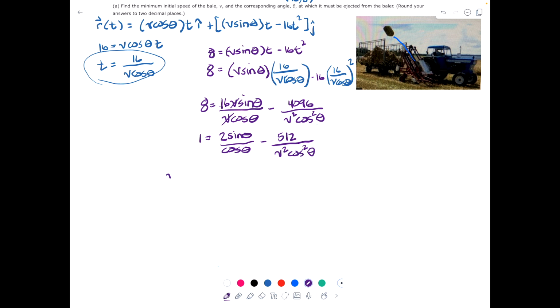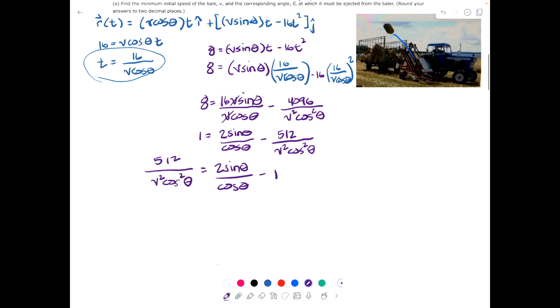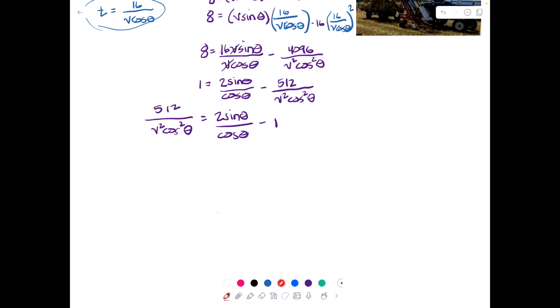Now we want the 512 over V squared cosine squared theta on the left, and then we'll have our 2 sine theta over cosine theta minus 1 on the right. And multiplying both sides by cosine squared theta over 512 to isolate the V squared term.